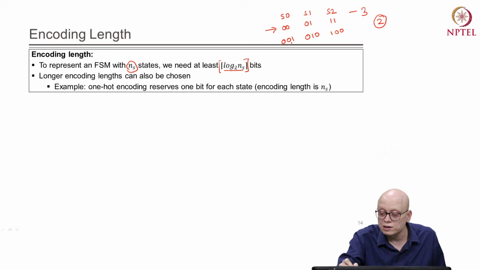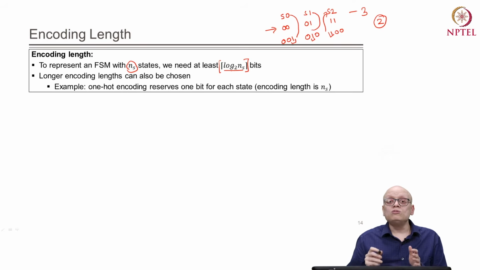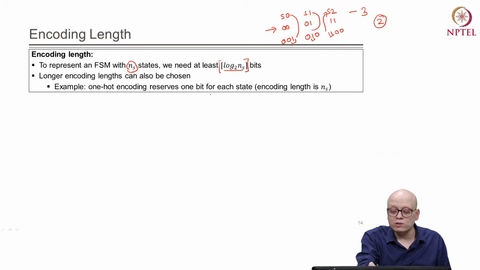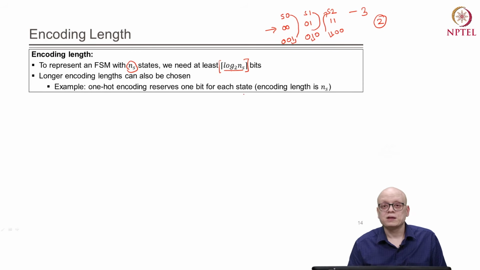So, we are reserving this bit for this state, this bit for this state and this bit for this state, right. This kind of encoding scheme is known as 1 hot encoding. So, 1 hot encoding reserves 1 bit for each state, right.